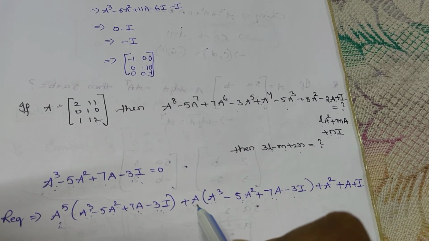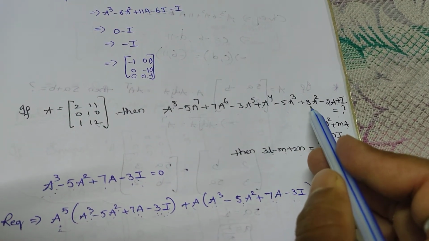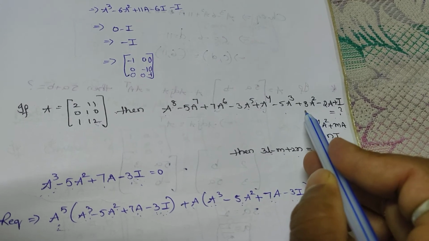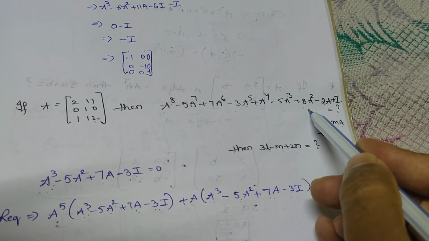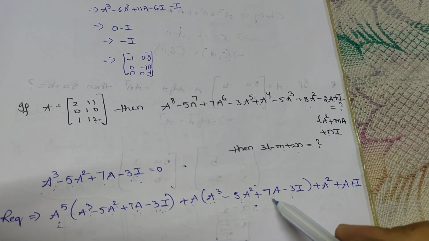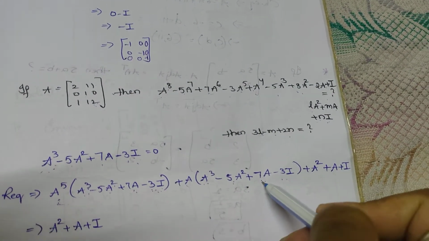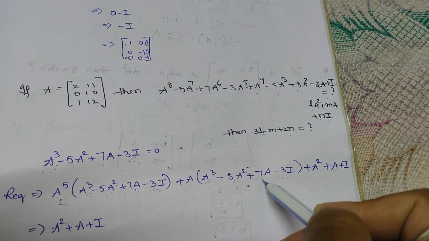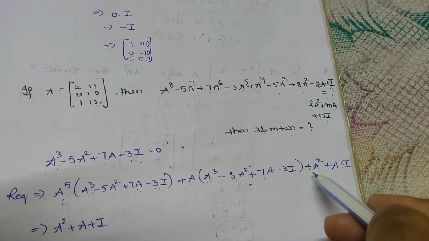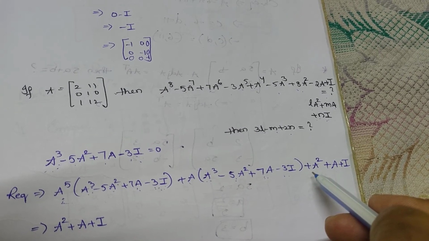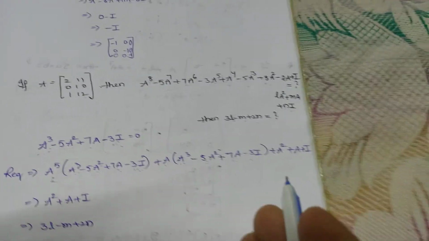Once you observe, we got only 7A square, but the required term here is 8A square. So what do we have to do to get 8A square? Just multiply and subtract with A square.